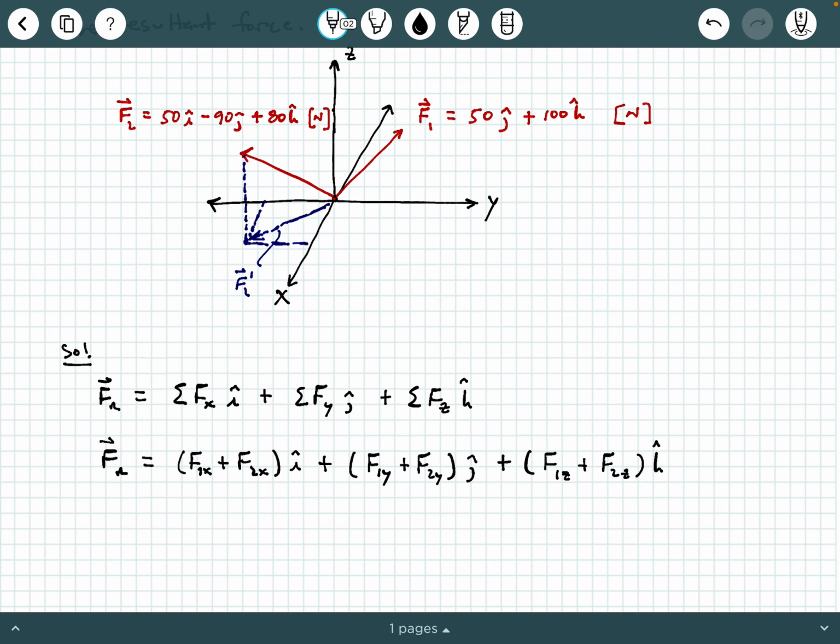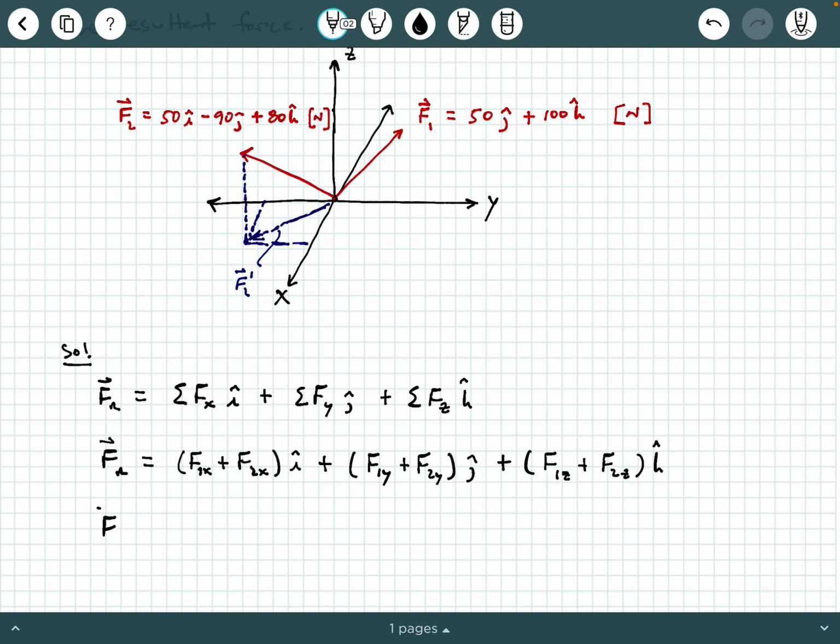So we're collecting the x components of the two vectors together, then the y components, and then the z components. And F1 and F2 are already given as Cartesian vectors.